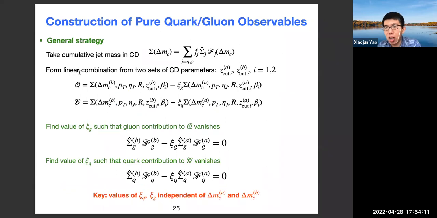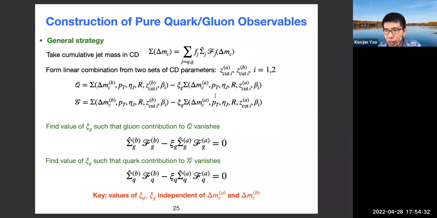Then we form a linear combination of the cumulative distribution using two different sets of collinear jet parameters. We will choose the same values of beta, but different values for the z-cut: there's a z-cut for the A set and a z-cut for the B set. Then we form the linear combination between the A set and the B set.